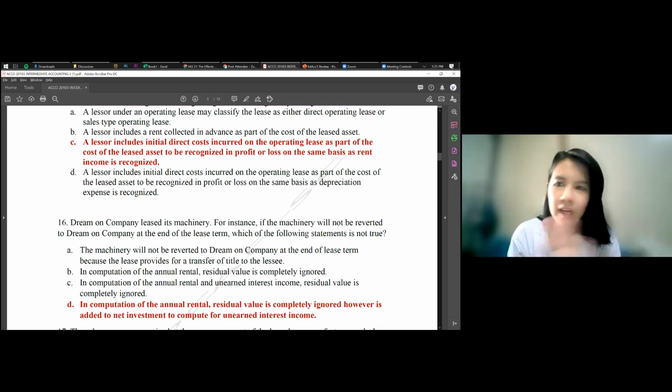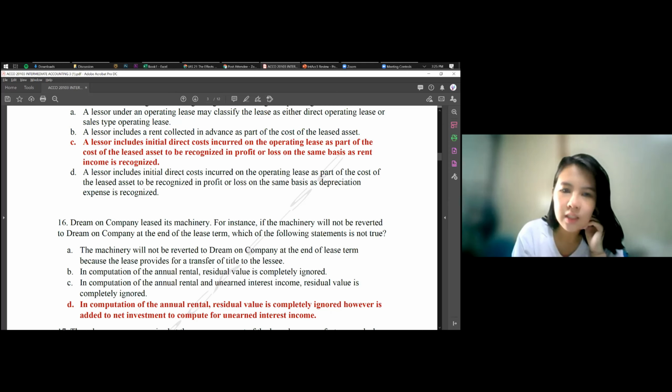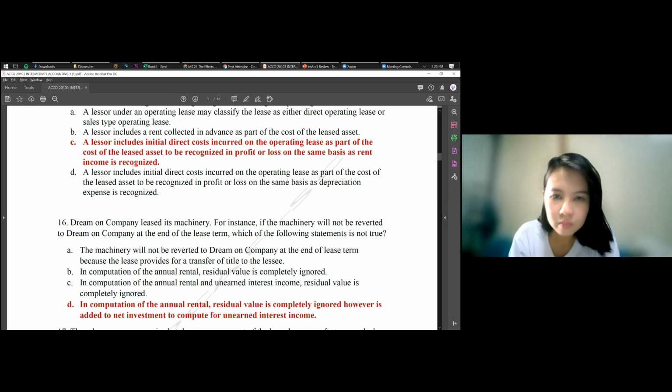We don't care if it is guaranteed or unguaranteed. It is always included in the receivable, okay, or gross investment, the other term. So, yes. In computation of the annual rental, residual value is completely ignored.